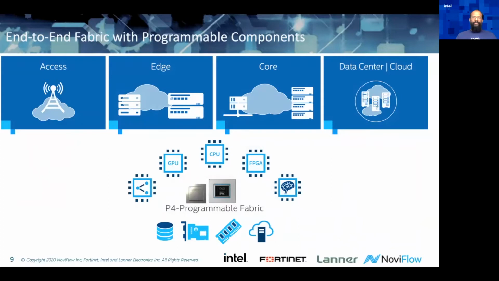So we are committed towards enabling a P4 programmable fabric, and we're really excited to see Lanner, NoviFlow, and Fortinet take advantage of this programmability to deliver a compelling product for solving really critical challenges that networks of today and tomorrow are going to face. So with that, I'm going to pass it over to Sven from Lanner to continue the presentation.